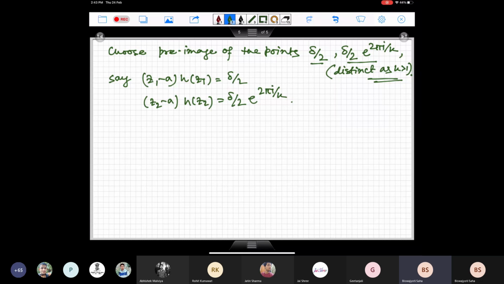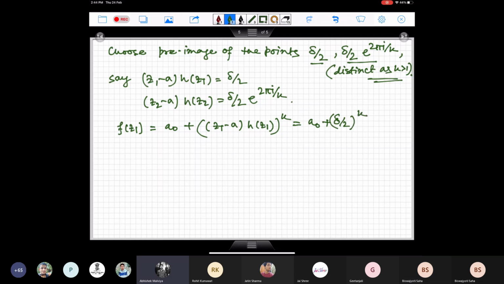So if that happens, then what do I get? Can you tell me what is f of z1? Tell me what is f of z1? F of z1 is, remember, a naught plus z1 minus a into h of z1 whole power k. So that is a naught plus delta by 2 power k.